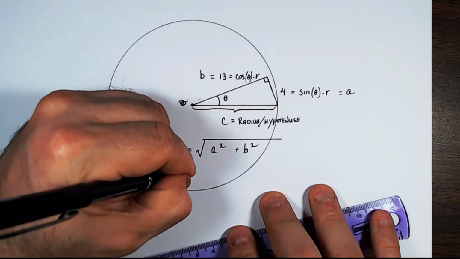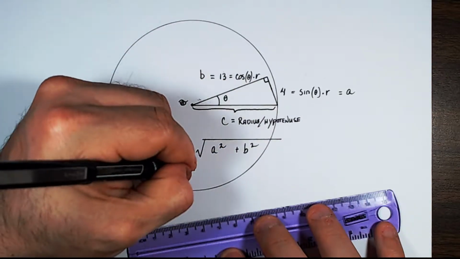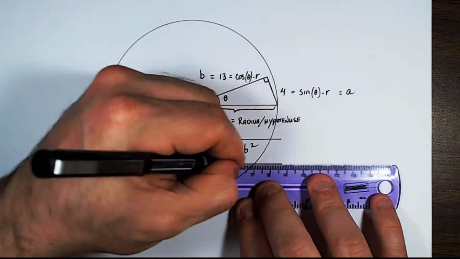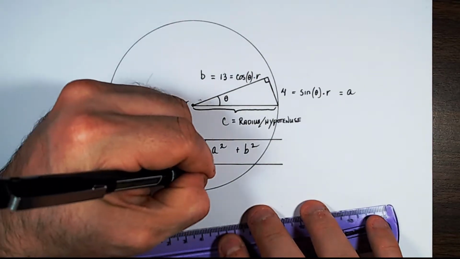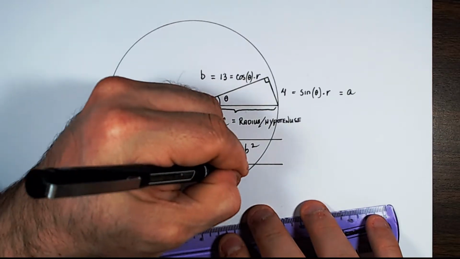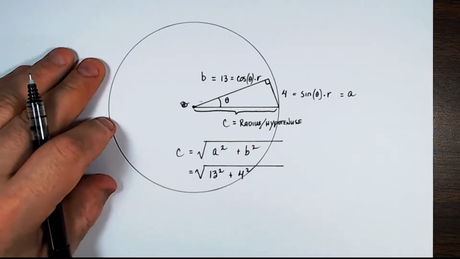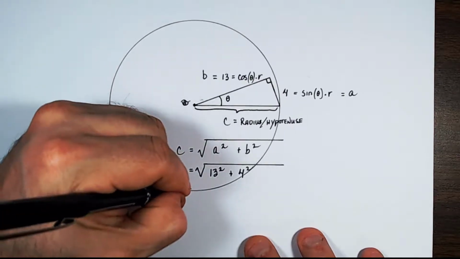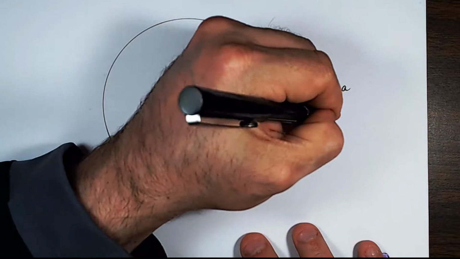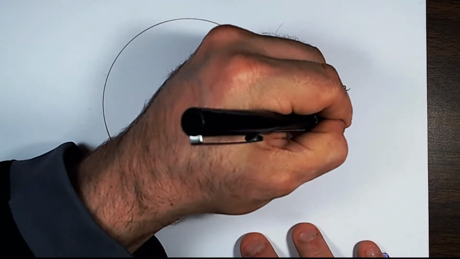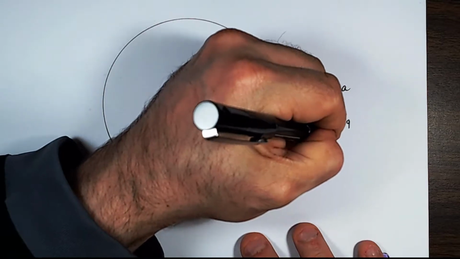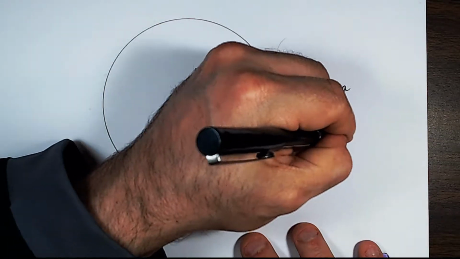So in our problem, that's the square root of 13 squared and 4 squared. Right? 13 squared is 169, and 4 squared is 16.